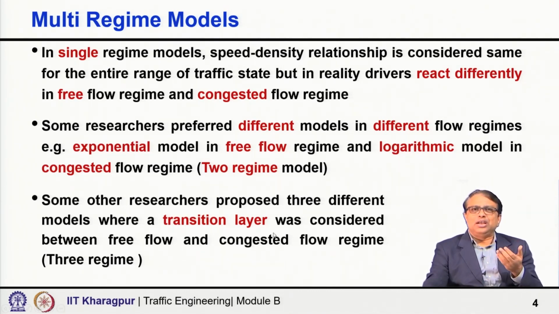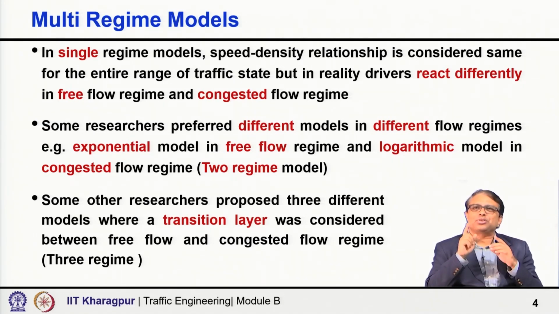Because we are now using three different equations for three different segments of the entire range of speed density relationships, we may call such models three regime models.